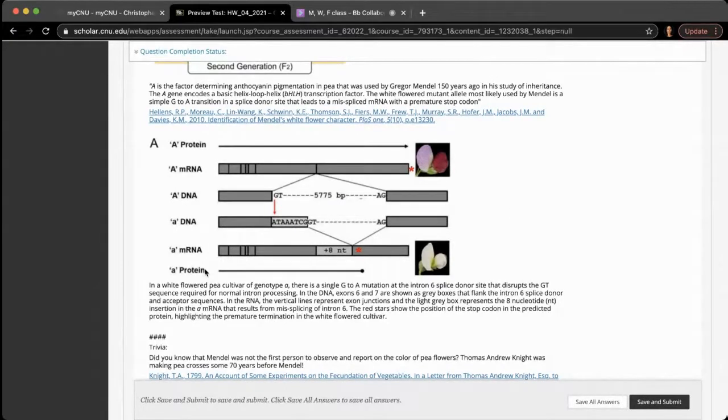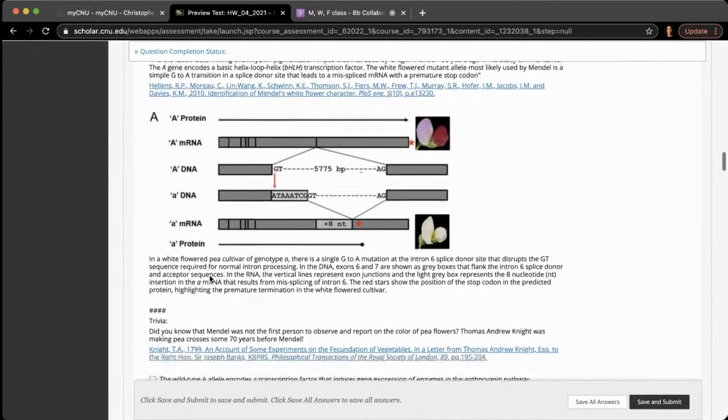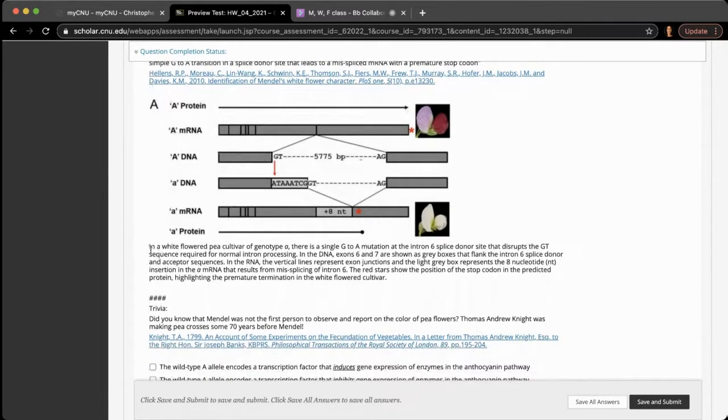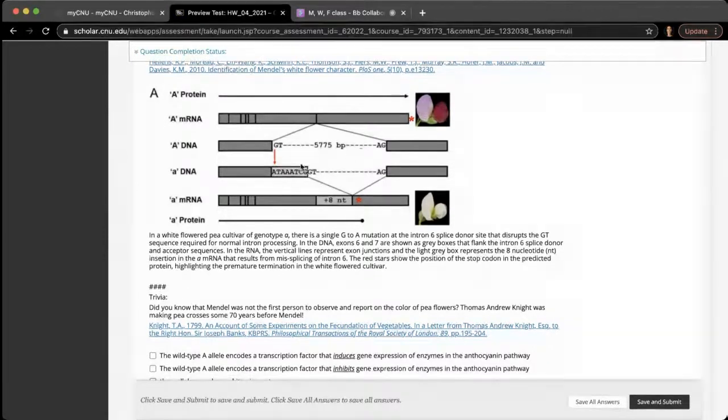In this one, it has to do not with the enzyme activity that makes the pigment, but with the transcription factor that is controlling the transcription of some other gene. So in the white flower, which has the genotype little a, it changes the splice site. This is everything I was just telling you about here.